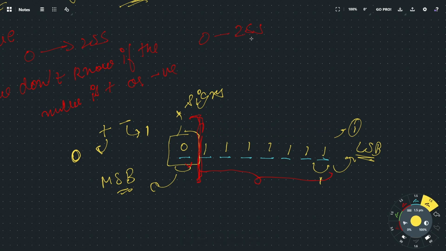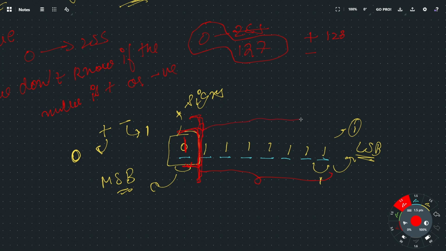So the maximum number that we can represent here is not 255, but 127. So now the range becomes 0 to 127, but in both positive and negative, right? If all the bits are set and there's a 0 here, it would be positive 127. And if I have a 1 here, it's not contributing to the final value, it's just showing the sign, right?